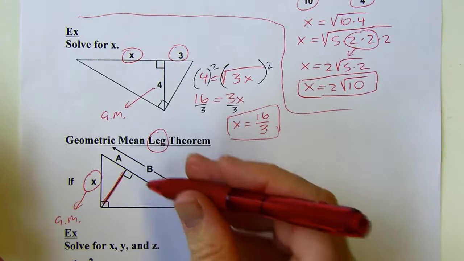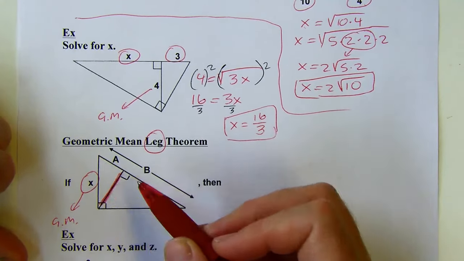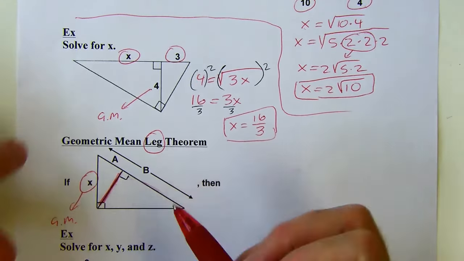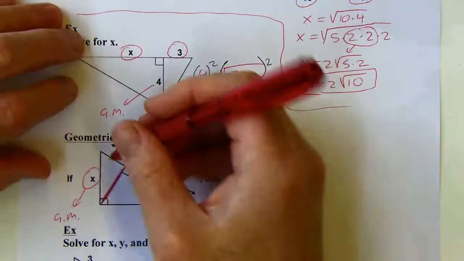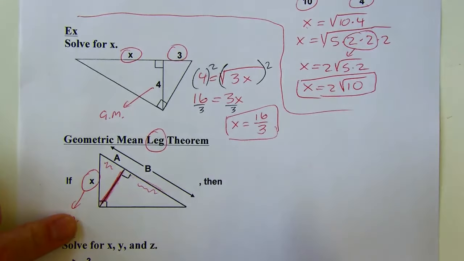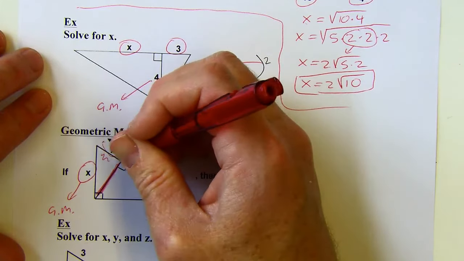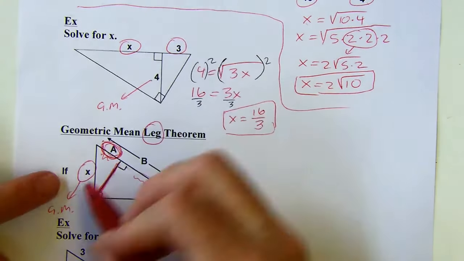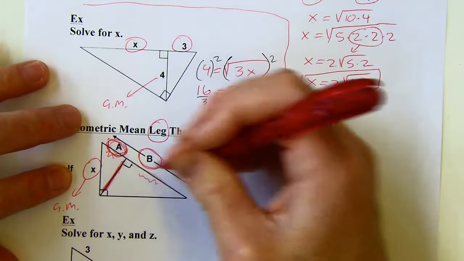Not between A and B though, because this part I highlighted would be the geometric mean between A and this piece. This is going to be different, okay? So, sorry, it is between A and B, but it's not between this piece and this piece. See the difference here? So this is how I remember. A is the part of the hypotenuse that's close to the x, and then B is the whole thing.